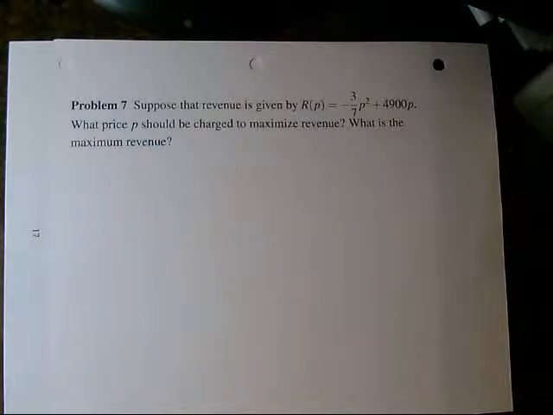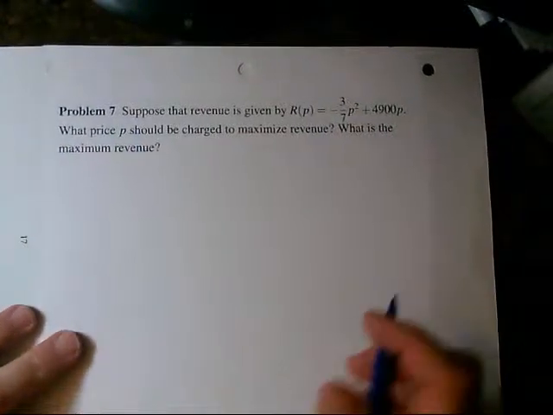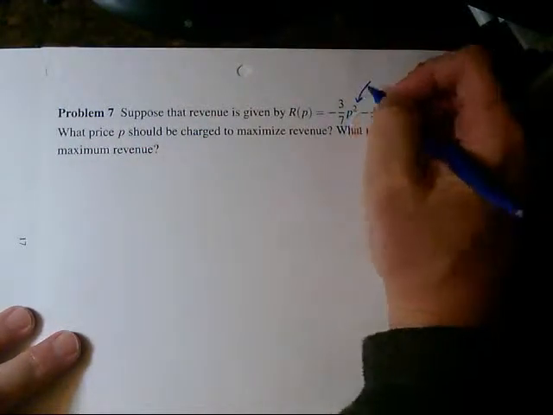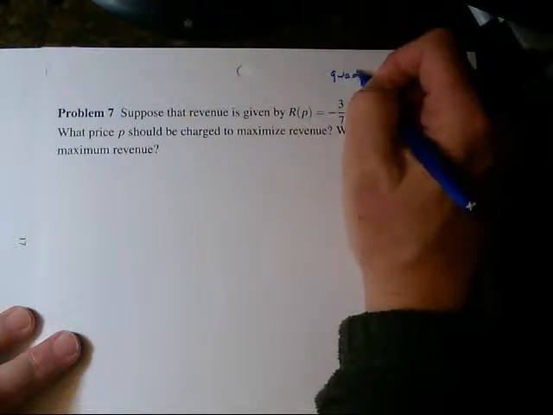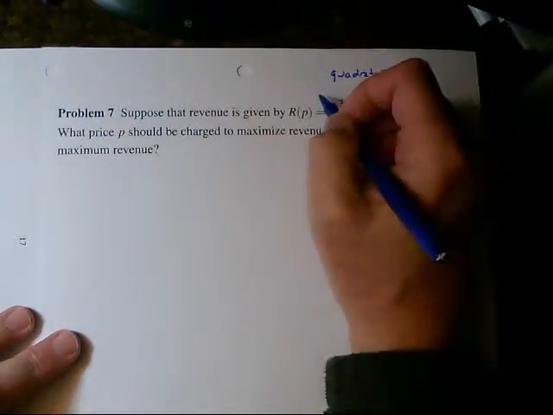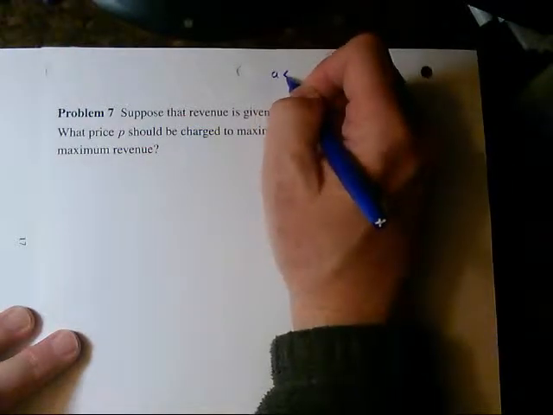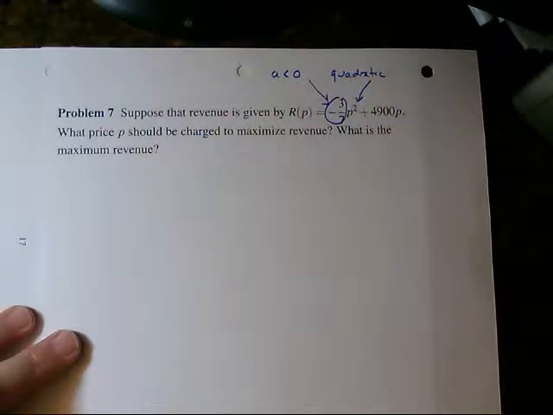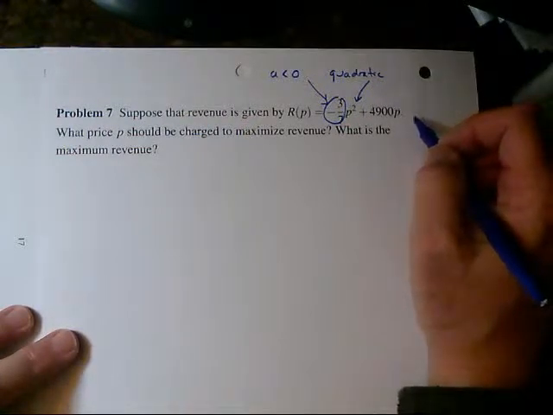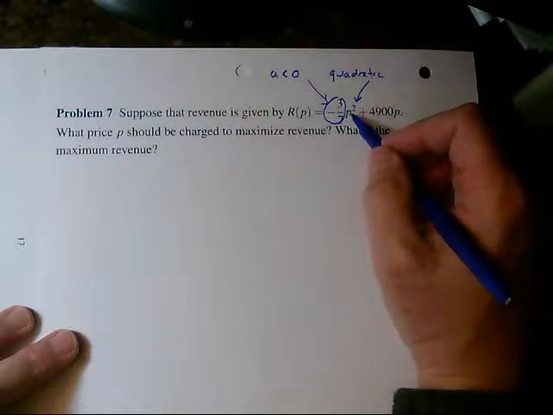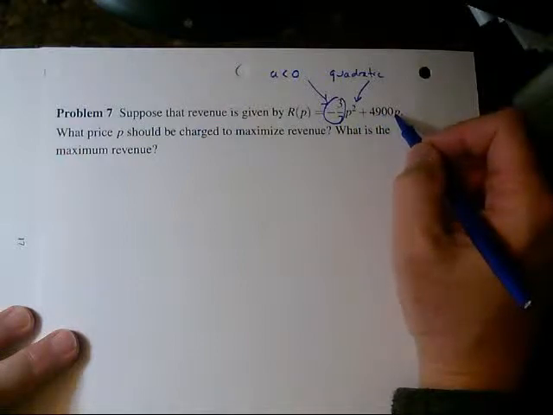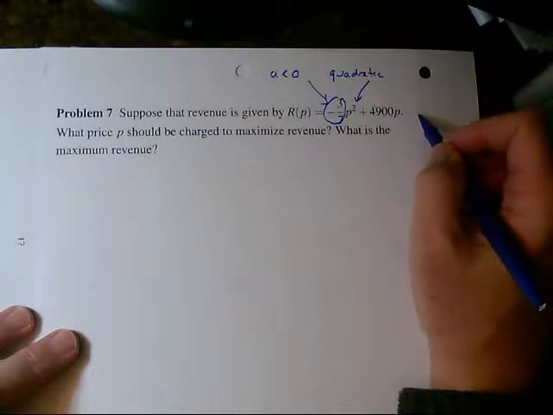Now the next problem, problem number 7, we're given a revenue function, and notice that that revenue function is quadratic. Notice also that the a is less than 0.